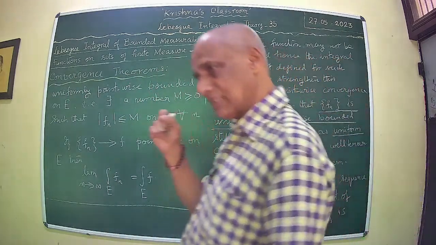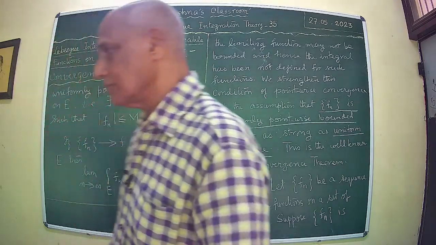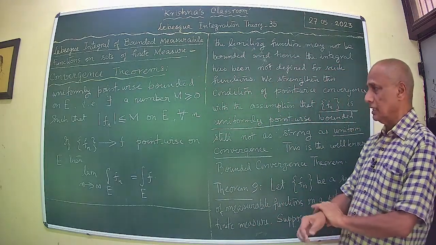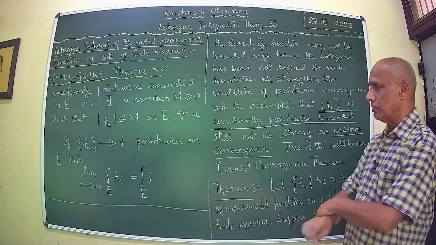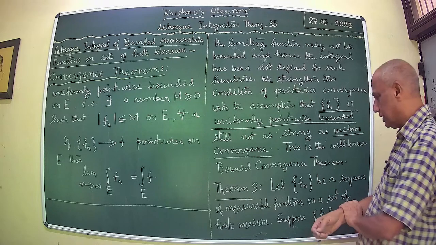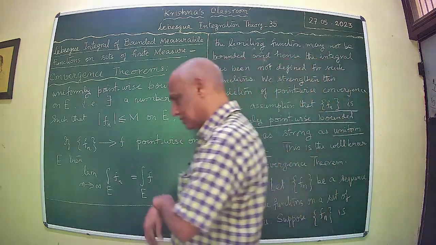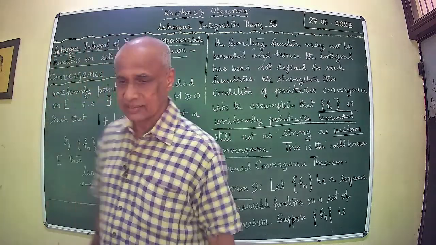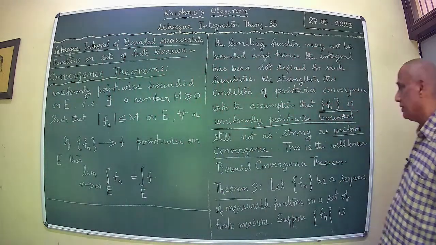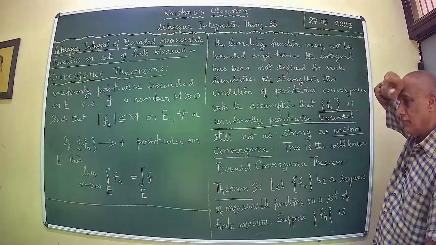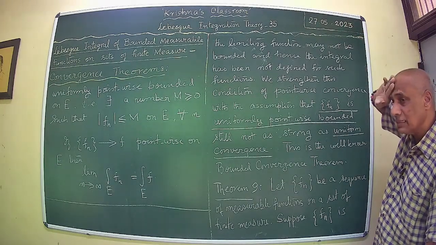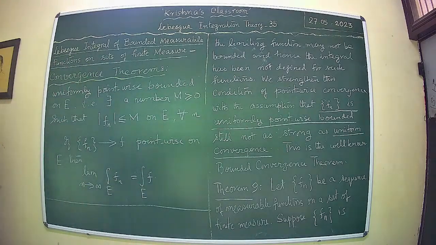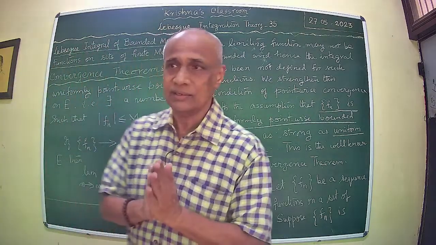So let us just recollect what we have done. We are not going to assume that the convergence is uniform. Instead, we assume Fn converges to F pointwise. Then we found that if we just work with that assumption, we may not get the interchange of limit and integration, because we have seen that example where the sequence of functions is not uniformly bounded. Each function is bounded, but the whole collection is not uniformly bounded.